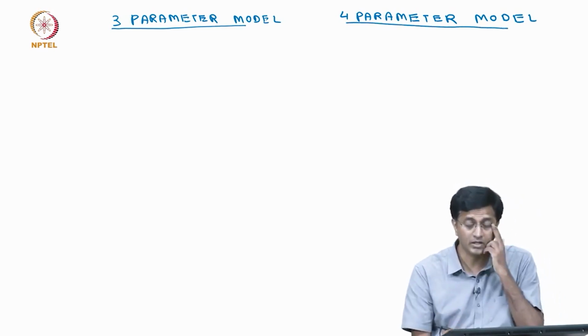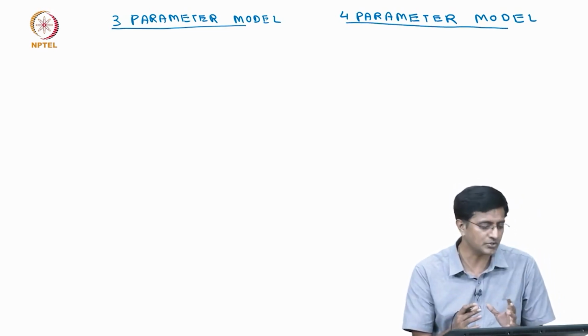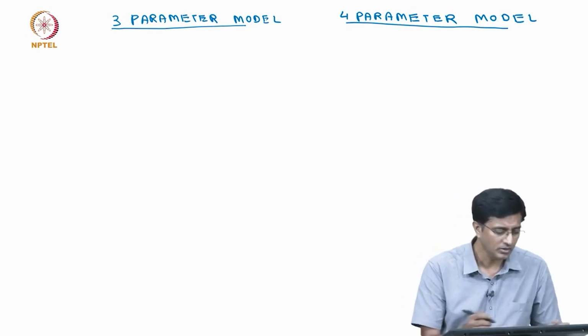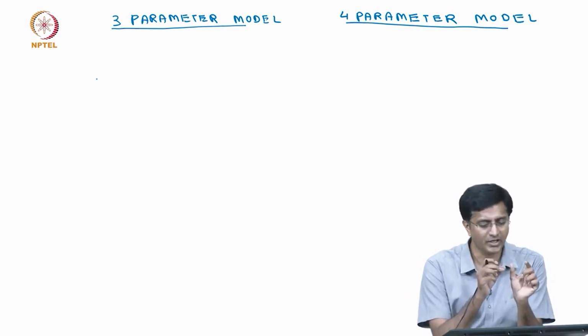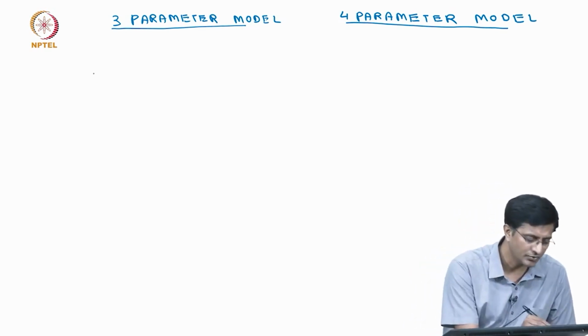First, let us look at how we arrange these springs and dampers to get the 3-parameter model. The way we do it is, we take a Kelvin model and we attach in series a free spring. Which means we start with the free spring and then we attach a Kelvin model.